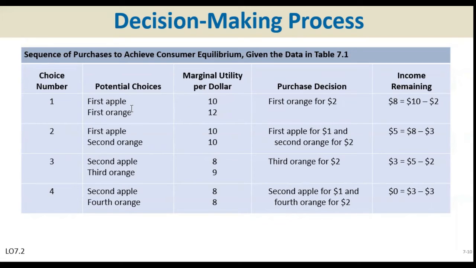apple, like we said, and 1 orange, and you have the apple. The second choice here, both of them tie, and you take 2 of them because the marginal utility per dollar is the same.